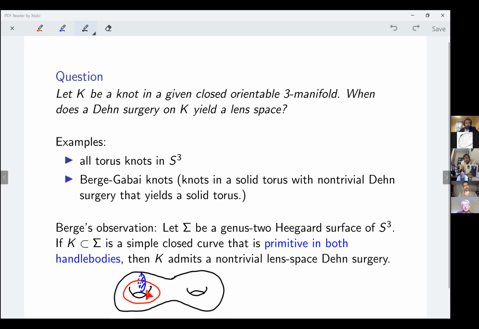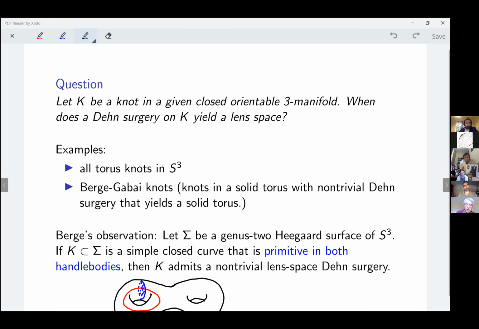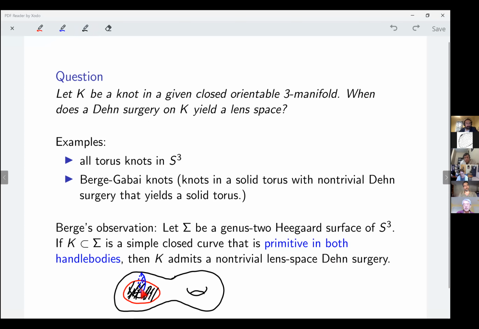Now, if you imagine this surface, if you add a 2-handle to this surface, then you sort of fill in this hole, and you become a solid torus, because if it's primitive on both sides, both sides survive as a solid torus in the surgered manifold. So this manifold has to be a lens space. So whenever you have a curve like that, you always have a lens space surgery.